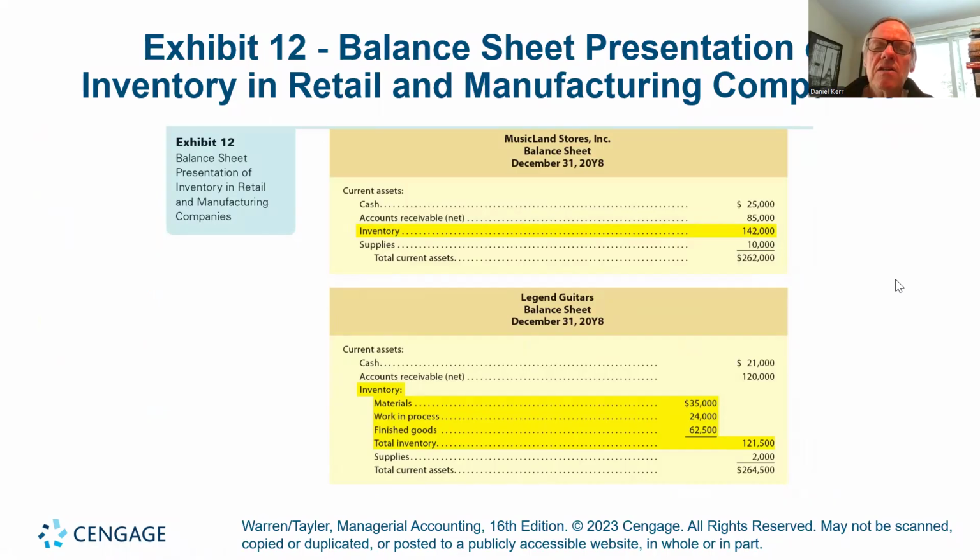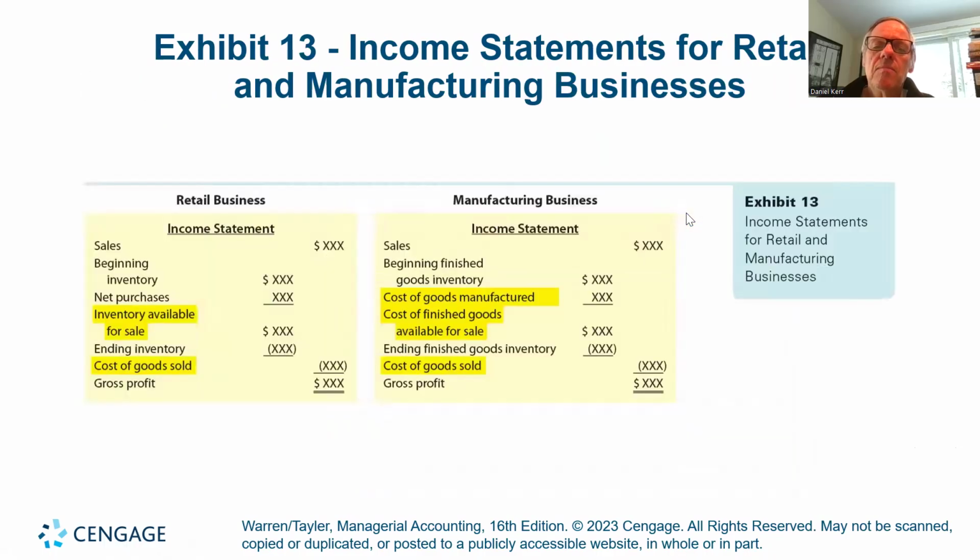When you studied Financial Accounting 1, you did service enterprises and retailers. A retailer has 1 item of inventory on the balance sheet. But a manufacturer has 3 components of inventory on the balance sheet: raw materials, work in process, and finished goods. So you've got 3 separate inventory accounts for a manufacturer, and only 1 for a retailer.